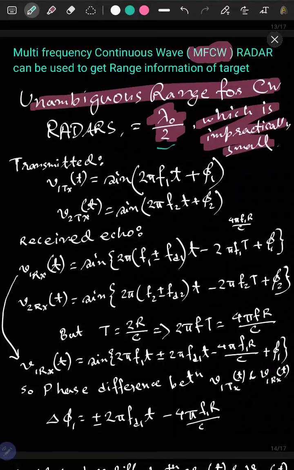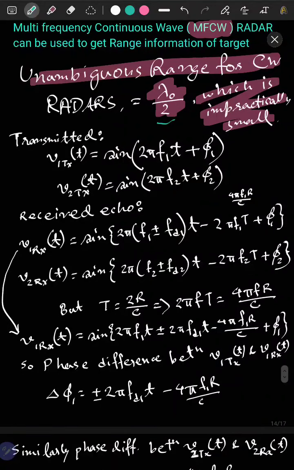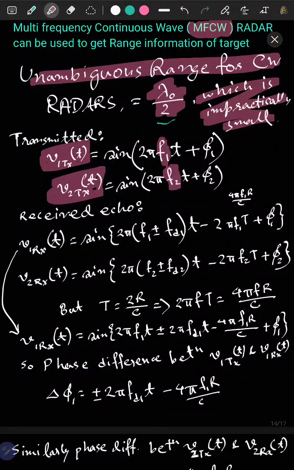So let us consider first the transmitted signal. There are two transmitted signals in the case of a multi-frequency radar. Say we are using a two-frequency continuous wave radar.